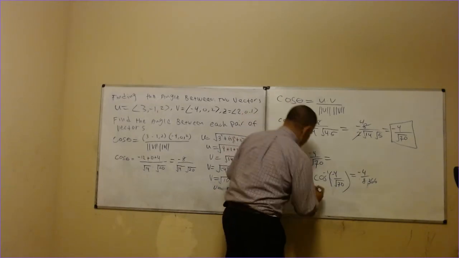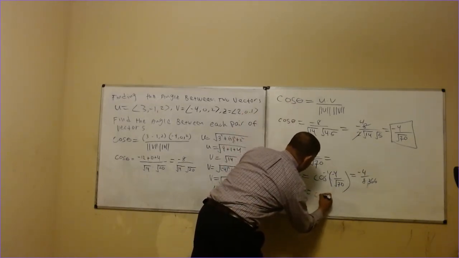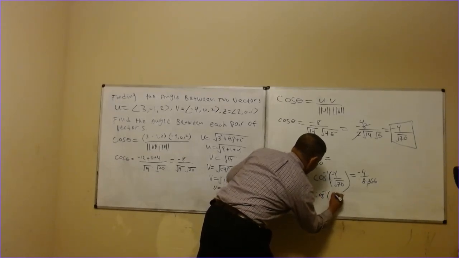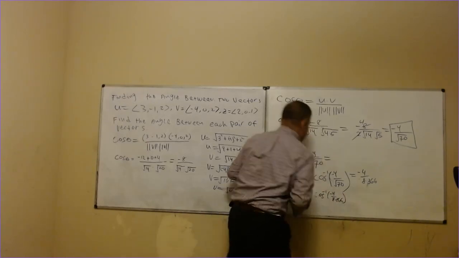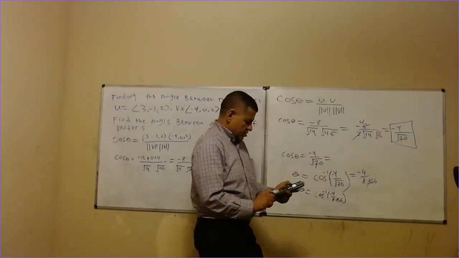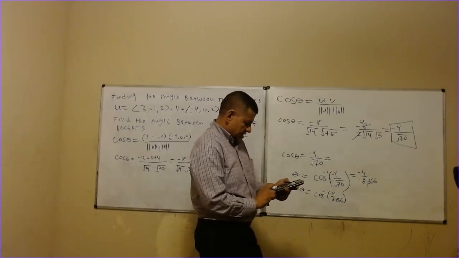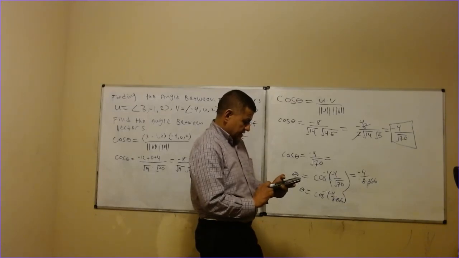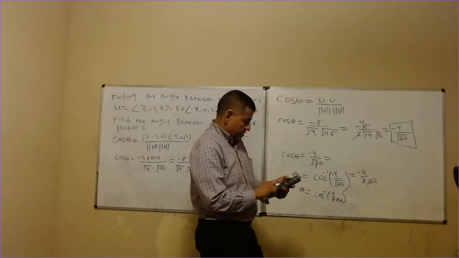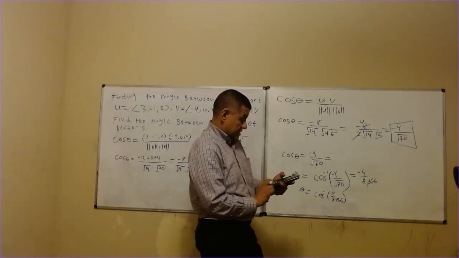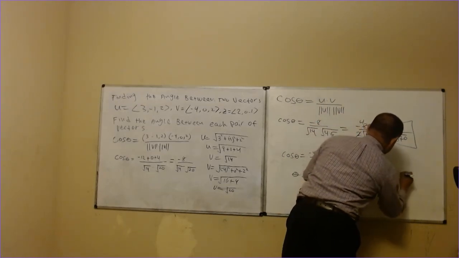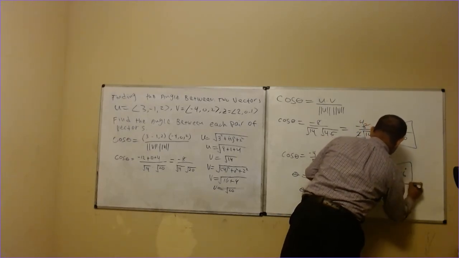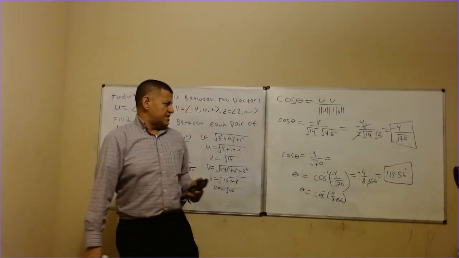Now, if I do theta is equal to cosine inverse of negative 4 over 8.366, I do the inverse of that: negative 4 divided by the answer, and then I do cosine inverse of that, and it's equal to 118.56 degrees, right? So now that is the answer in degrees, right?